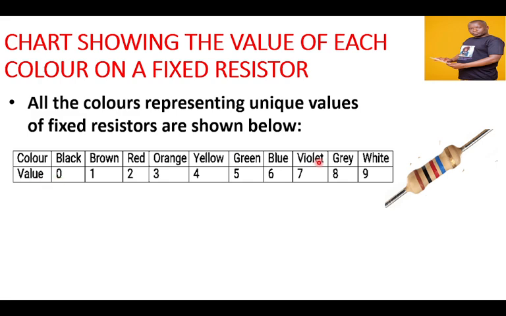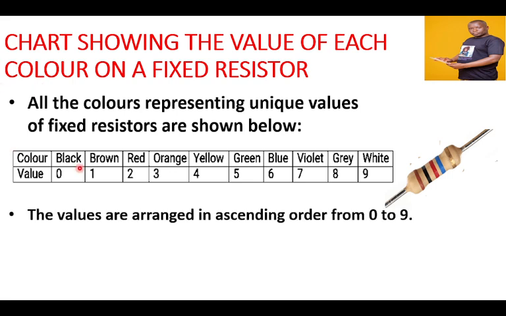So these are the values that each color represents when you have a resistor with color codes placed on it. You can see here that the values are arranged in ascending order from 0 to 9. For example, here you have 0, 1, 2, 3, 4, 5, 6, 7, 8, 9.